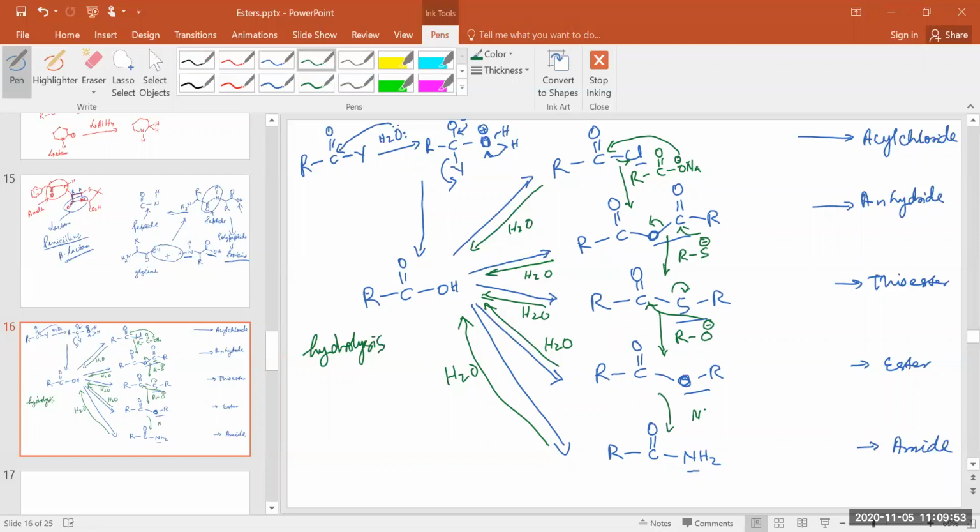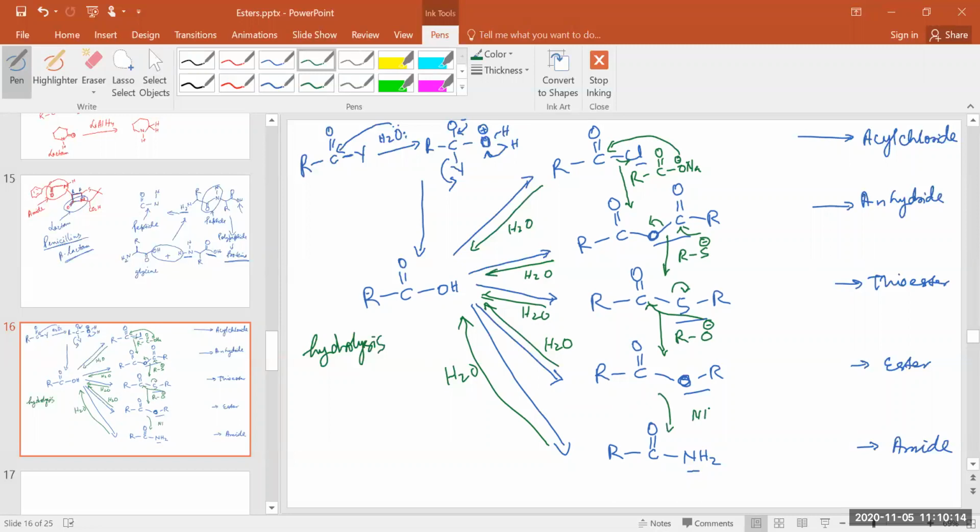But the reverse we cannot make, because amide is less reactive than the ester.